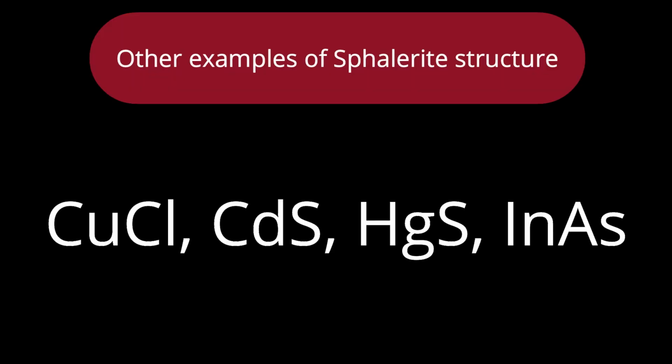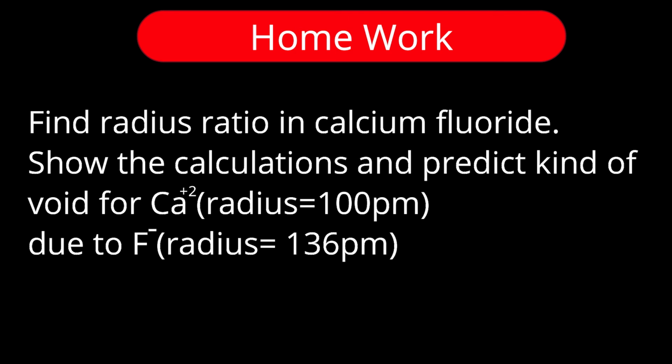Other examples of sphalerite structures are cuprous chloride, cadmium sulfide, mercuric sulfide, indium arsenide. Now homework. You have to find the radius ratio of calcium fluoride, CaF2. Radius of calcium I am providing here.